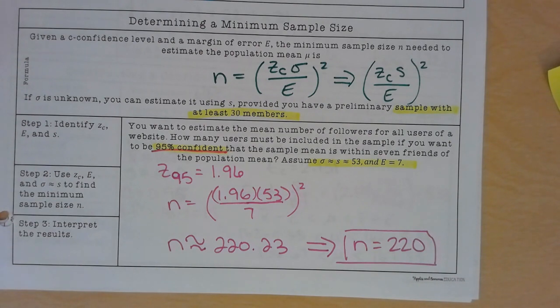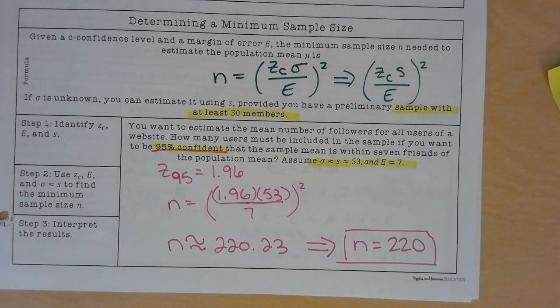Okay? Now, it is important that if you do not know the population standard deviation, you can estimate using the s as long as you have at least 30 members. Okay, so n has to be at least 30 to be able to use the sample standard deviation to estimate the standard deviation for the population.